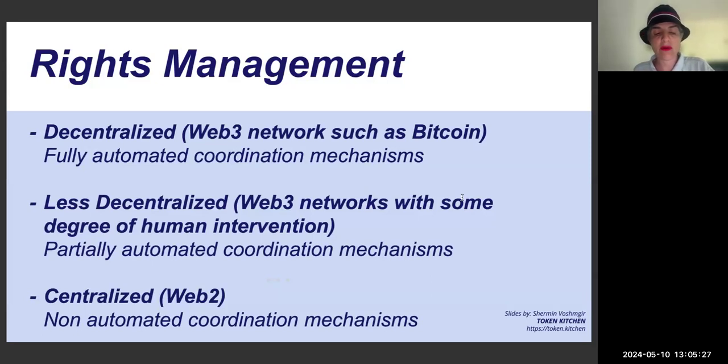For those of you who know MakerDAO, it's a stable token DAO. A lot of the coordination mechanisms for maintaining the stability rate and the peg to the US dollar are based on automated coordination mechanisms, but some mechanisms require human intervention, especially the security mechanisms, emergency shutdown mechanisms, etc. So rights can be managed fully automated, partially automated, or non-automated.